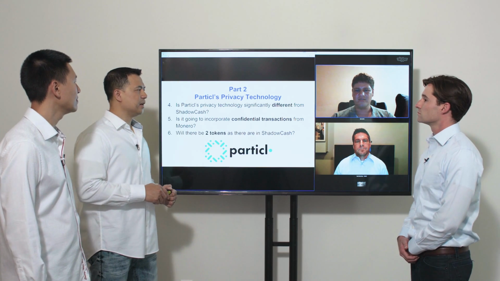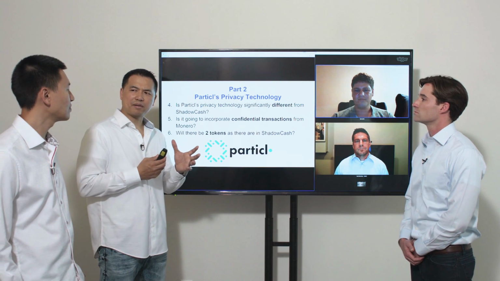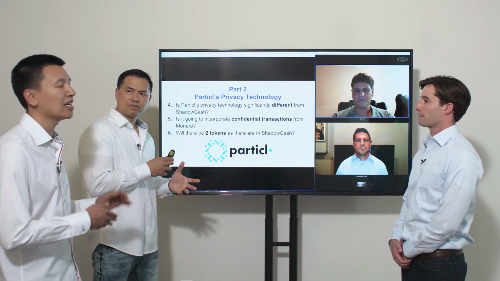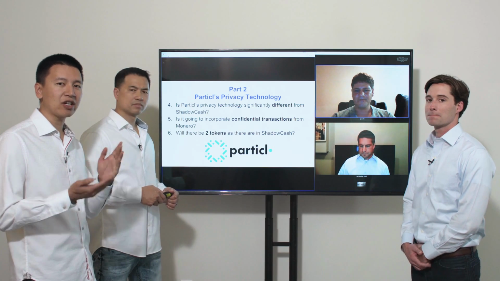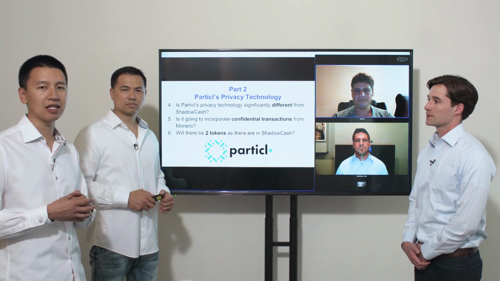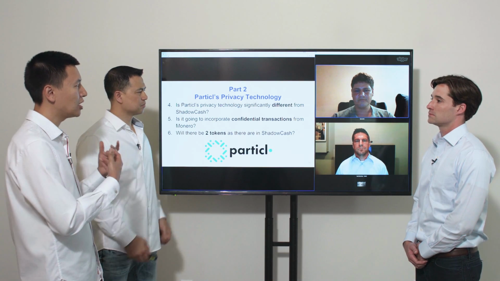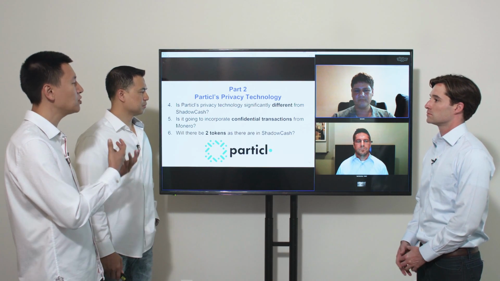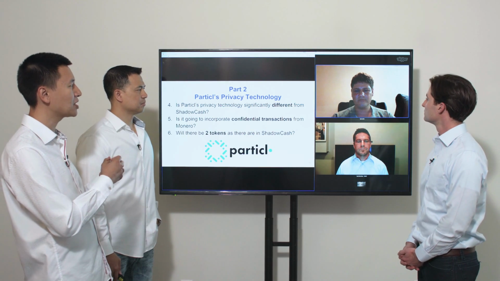Okay. And then based on your research, you had some questions about how it was used on the exchange? Yeah, so Shadow Cash was always traded as SDC, the public balance. Is it possible to trade the private balance with Particl?